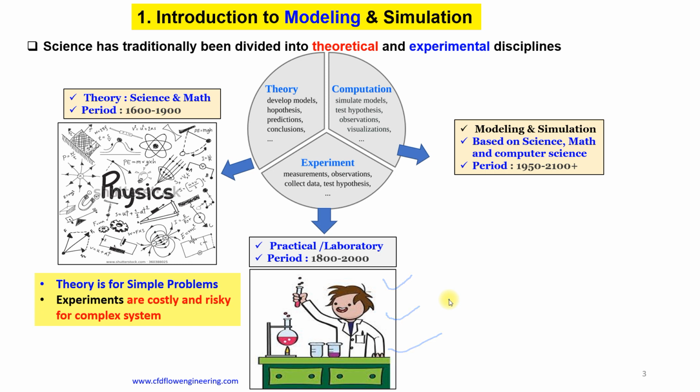How can we improve that product? There is always scope for research and development, but experiments are expensive. To reduce cost in the 21st century, modeling and simulation has become important.